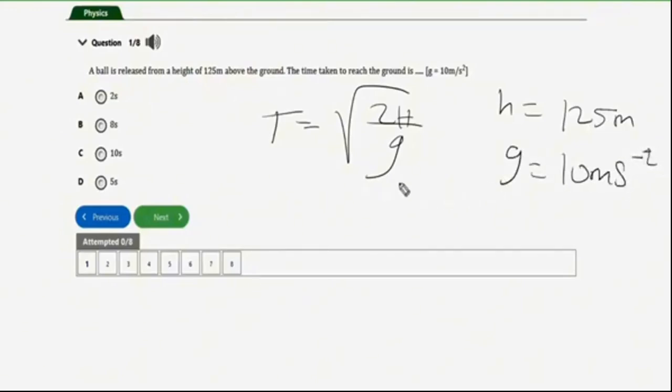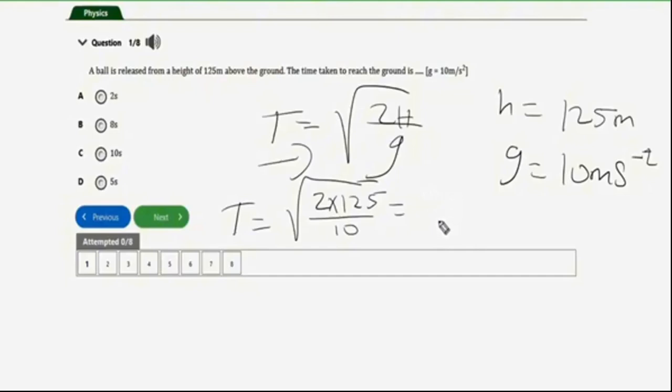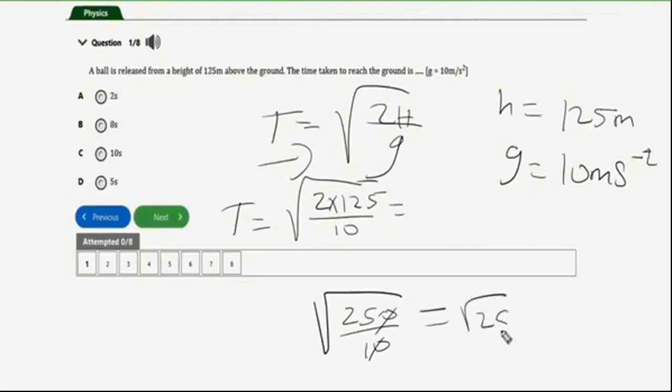When you plug in this expression, T will be square root of 2 times 125 over 10. 125 times 2 gives 250 over 10, which is 25, so you are left with square root of 25, which gives 5 seconds. So the correct option in this question is option D.